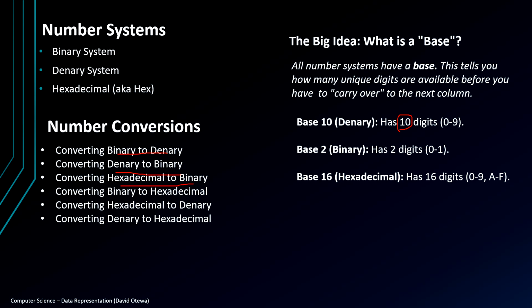Binary has 2 unique digits, so it's base 2. Then hexadecimal has 16 unique digits, so that one is base 16. Later on we'll understand better how base 2, base 10 and base 16 work, especially when we'll be dealing with conversion.